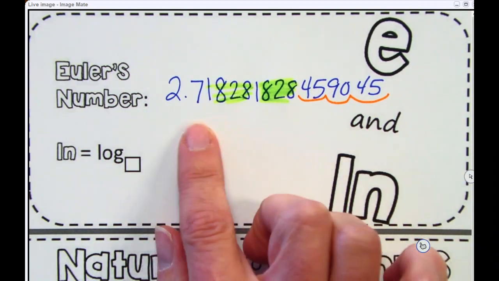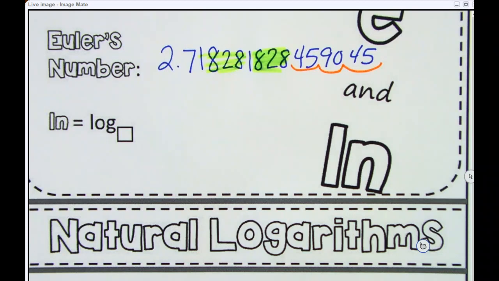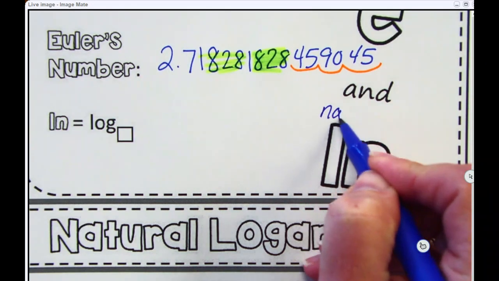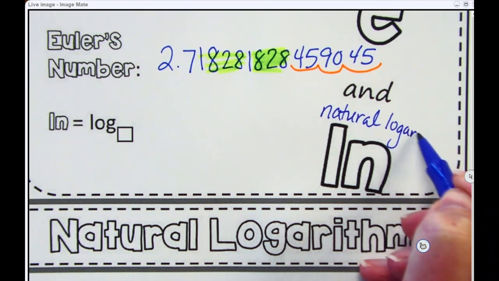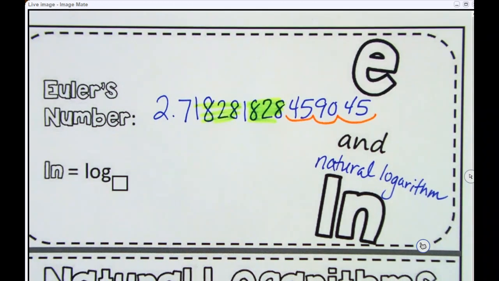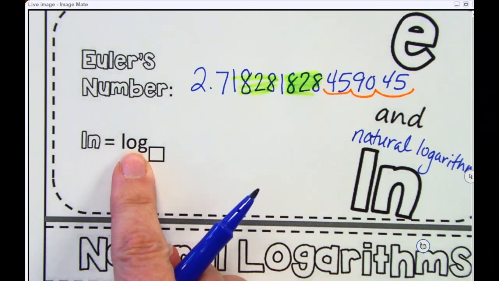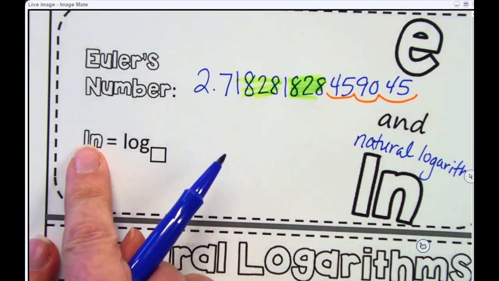Here is the mathematical constant. And this guy right here is ln, also known as the natural logarithm. E and ln go hand in hand. You guys know that logarithms can have different bases. Guess what the base of ln is?